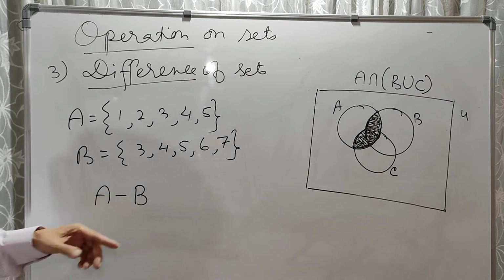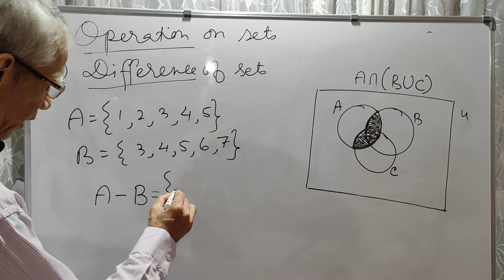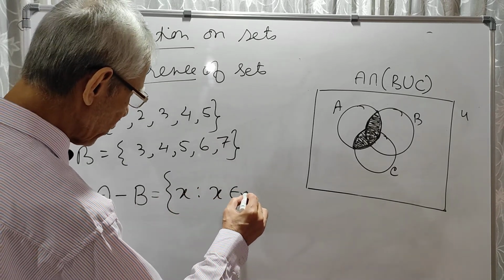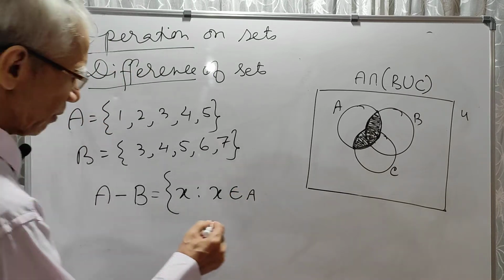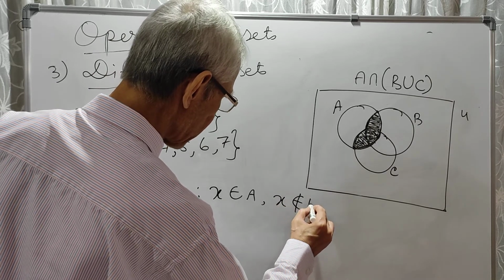Now, A difference B is a set, yes, in set builder form. This is a general expression. It is a set of x such that x belongs to A, the first set, but x does not belong to the second set.